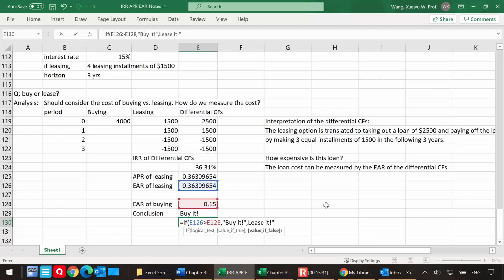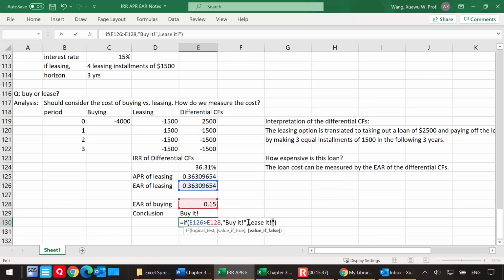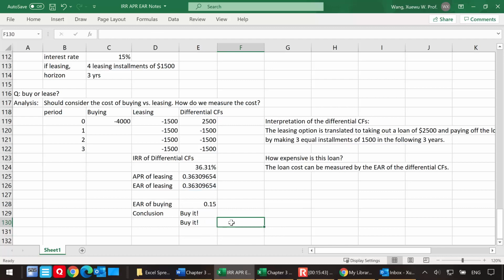So that is my IF function. I just messed up the single quotation sign there, so let me put this back. And yes, this is modeling the conclusion by using the IF function. This could be useful on many occasions.